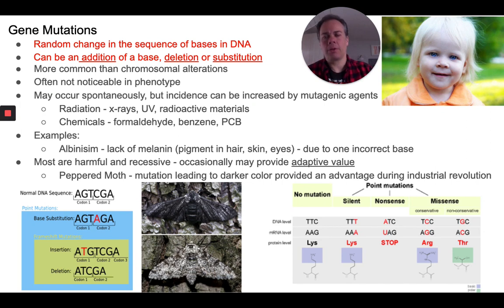One example is albinism. So sometimes a gene mutation can lead to a person not producing melanin, the pigment that's found in our hair and skin and eyes, because of having one of those DNA bases incorrect. And that leads to a person not producing those pigments, okay, having very fair skin, fair eyes, and fair hair.